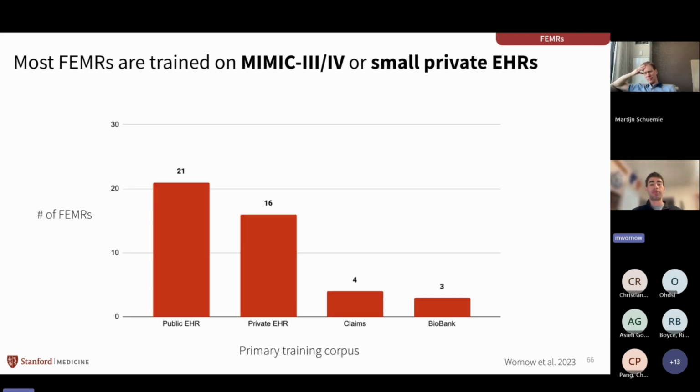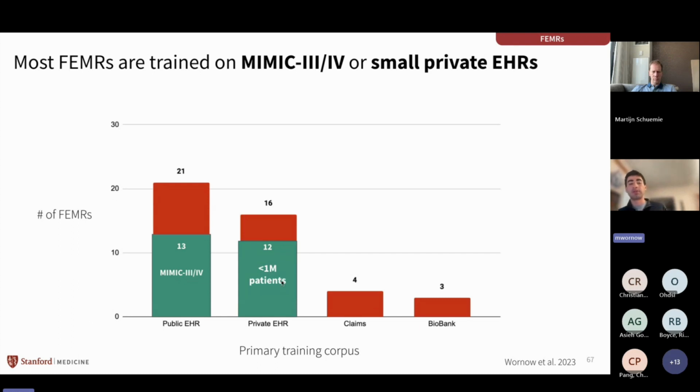In terms of what they're trained on, again, there's a decent spread of different sources, from public EHR data to private EHR data. By private EHR, I mean, like, Stanford's internal OMOP CDM database. But again, this is kind of a false sense of diversity, in the sense that for more than half of the public EHRs, it's MIMIC.